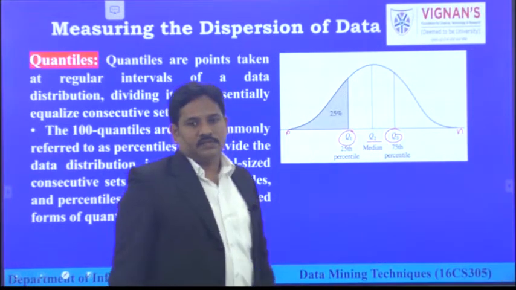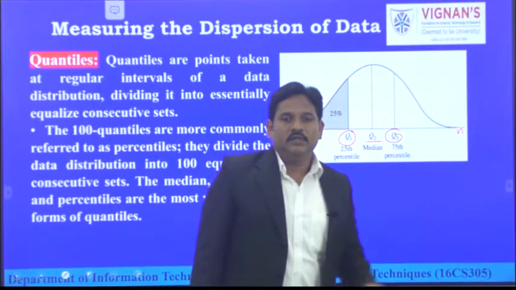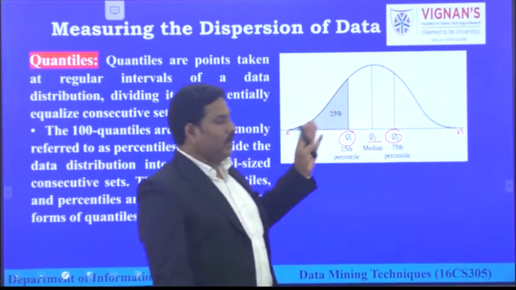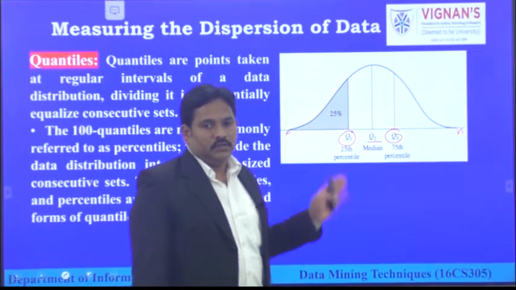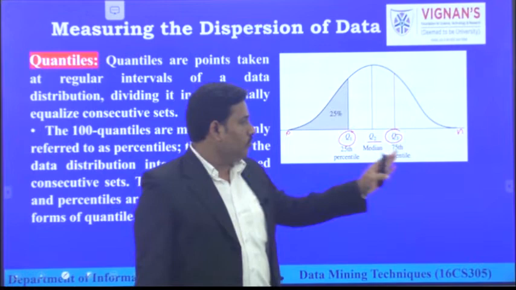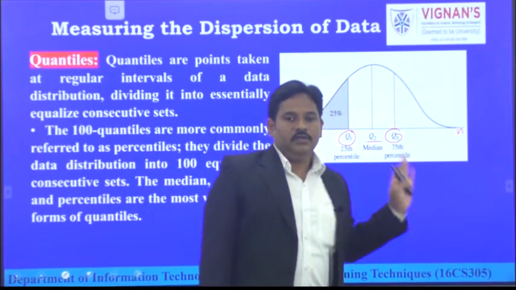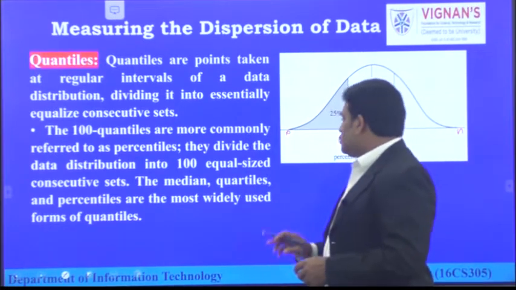We can also go for any percentile. It is not compulsory to calculate only the 25th, 50th and 75th. We can also calculate the 30th percentile or 70th percentile on the scale of 0 to 99. Because we start with 0, we can't go to 100; it can be 0 to 99 only. That is called the quantiles.